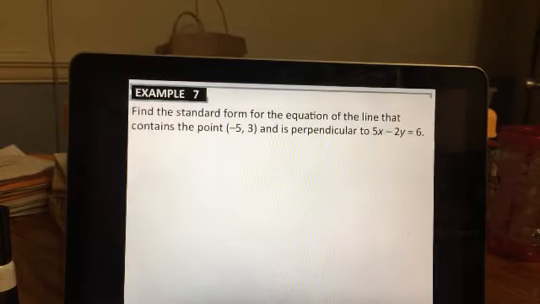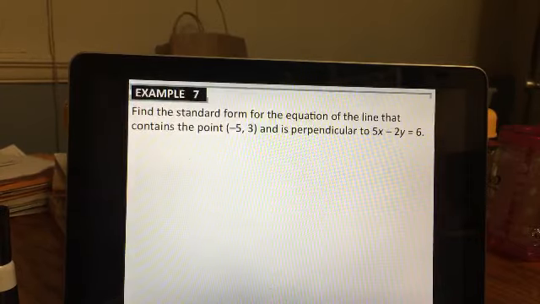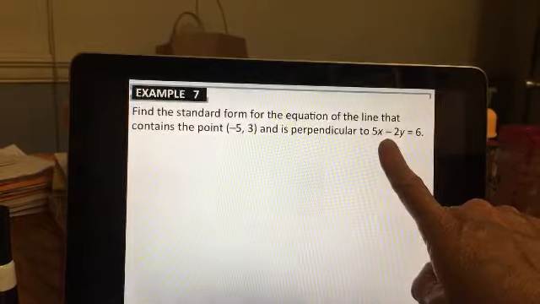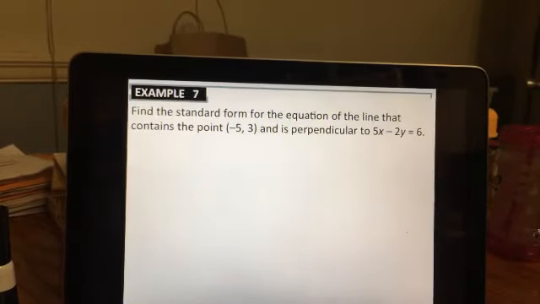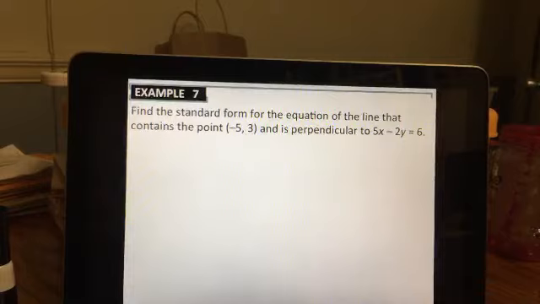All right, so now example 7: find the standard form for the equation of the line that contains the point and is perpendicular. We're going to do this 2 ways. First of all, I have to find the slope of this line. That's the only thing I care about on that line.